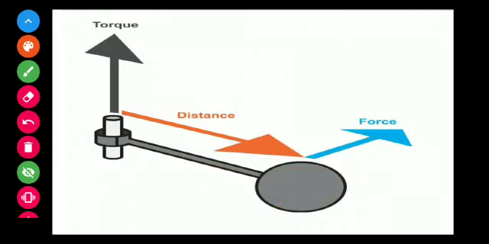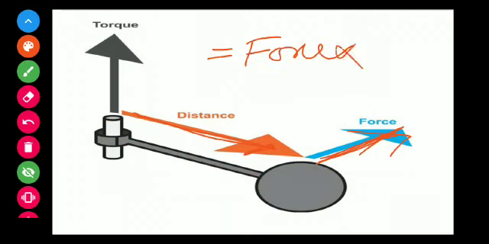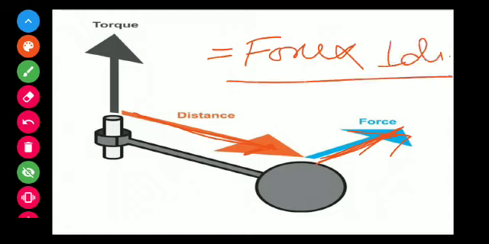So what is your moment of force? Moment of force is equal to the product of force with perpendicular distance from the axis of rotation, and moment of force is known as torque.